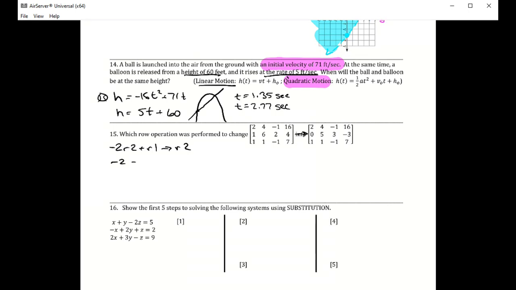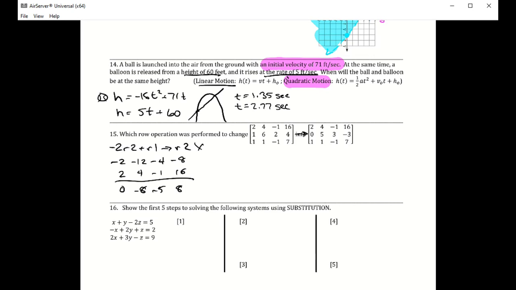Negative 2, negative 12, negative 4, negative 8, 2, 4, negative 1, 16, 0, negative 8, negative 5, 8. Not what happened. So we did not do this one.